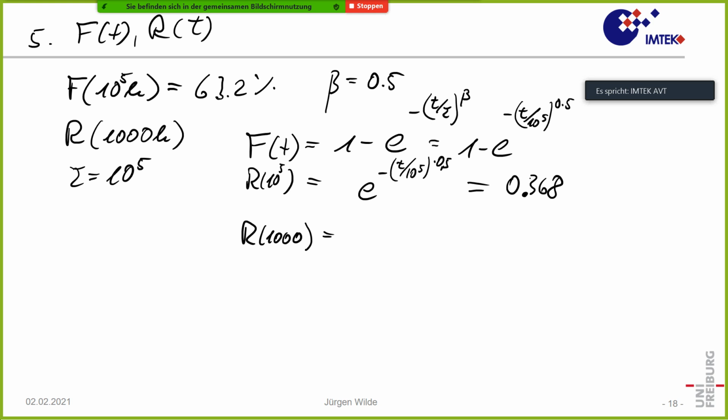And that here is e. Again here, we must write 10 to the power of 5, and here we must write 10 to the power of 3.